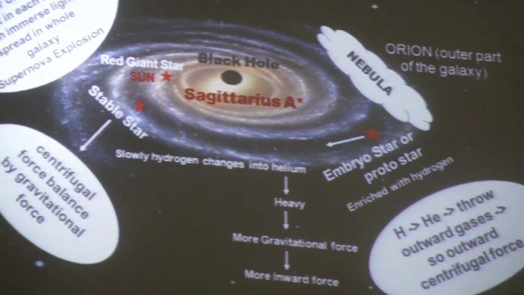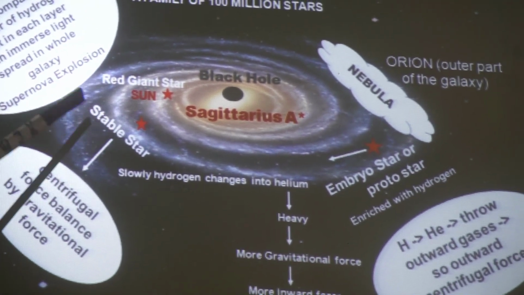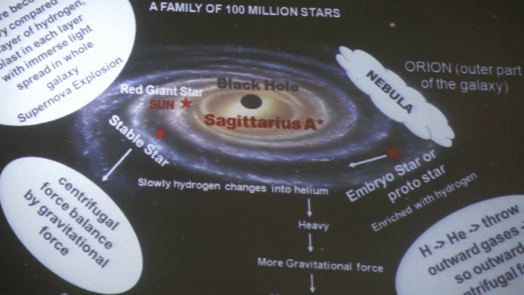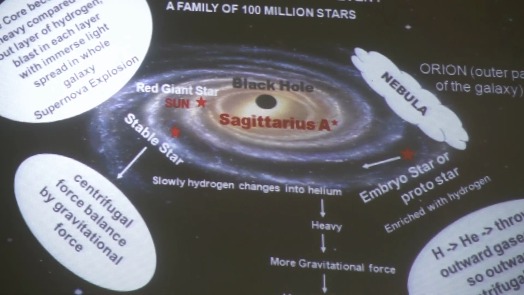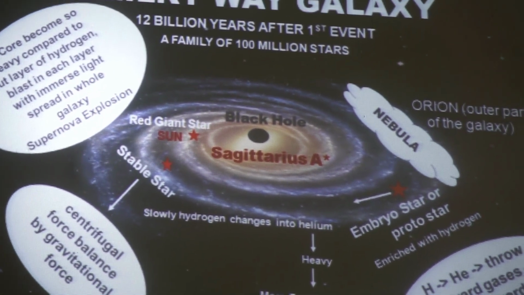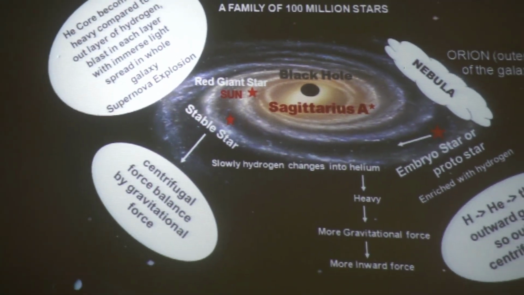Now there is one more process happening, because this star is moving to the inner part. When something moves towards the center, its rotational speed increases. When its rotational speed increases, the star has different layers of hydrogen.